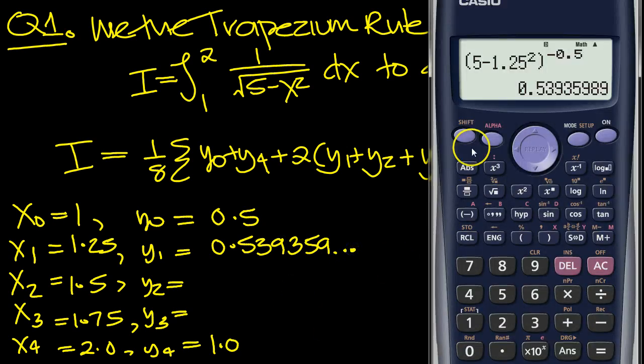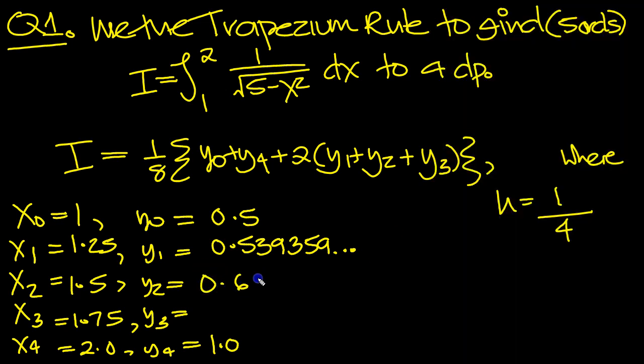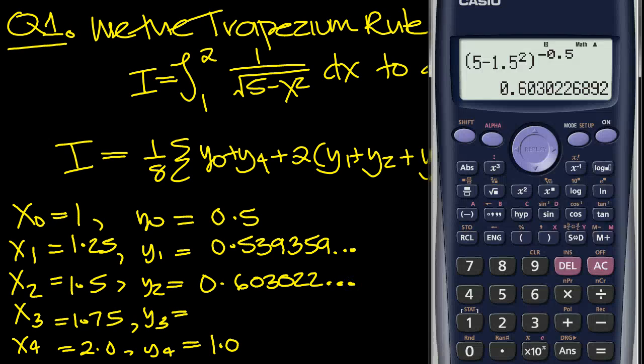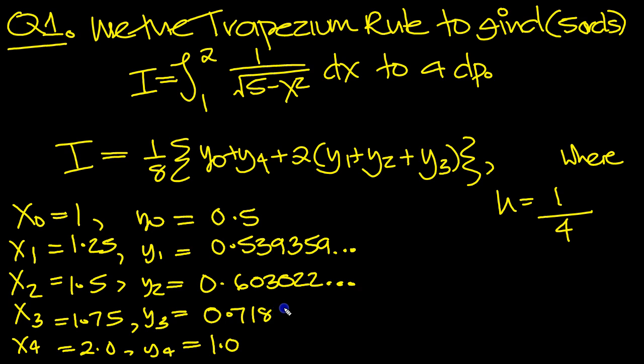Next one, we put in 1.5, so let's just toggle back then and change that to a 1.5. 0.603022. And then for y3, put in 1.75 here, and we get 0.718421.